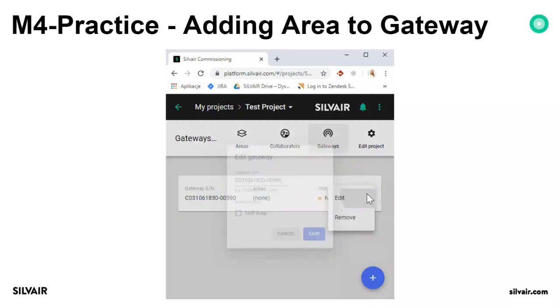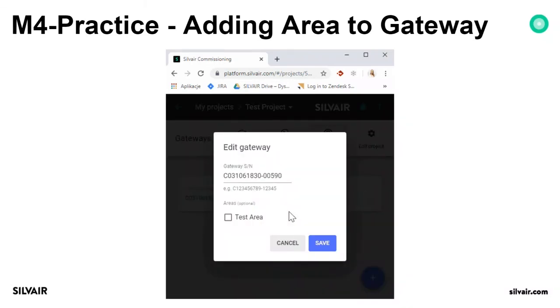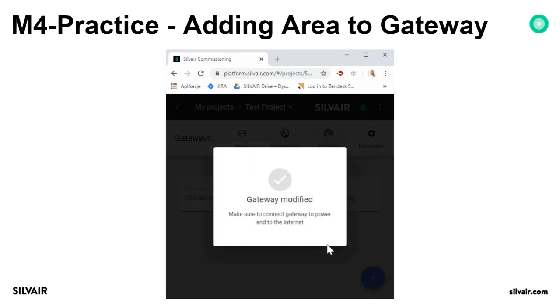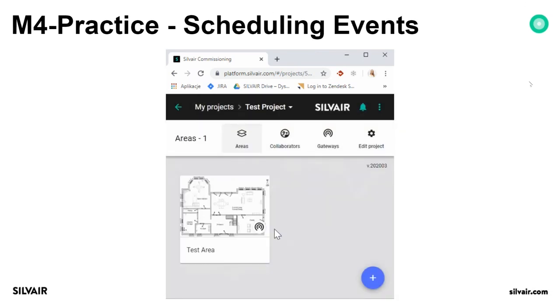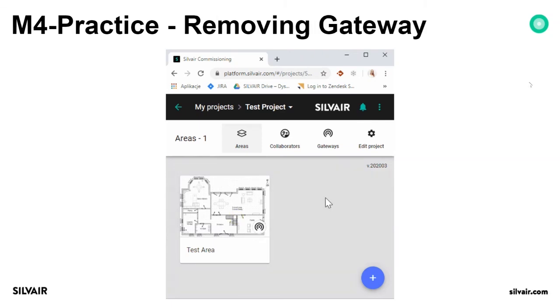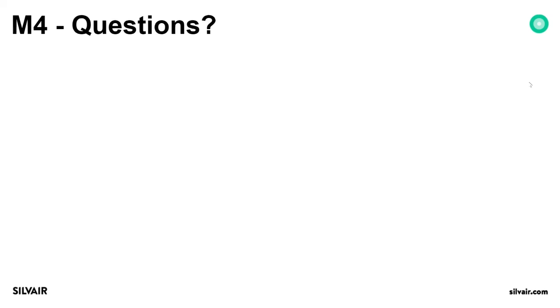So there is no risk of required reconfiguration of the devices just by simply adding the gateway to areas or even the project. So I've covered everything from connected services.